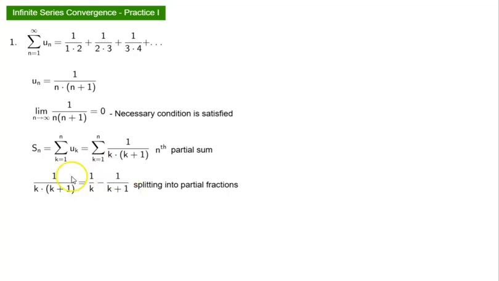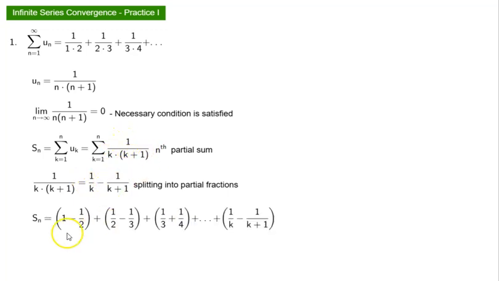If you actually combine these two, we will get 1 by k times k plus 1. So now using this, let's expand the summation. S sub n is equal to 1 by 1 minus 1 by 2 plus 1 by 2 minus 1 by 3 plus 1 by 3 minus 1 by 4 and so on.